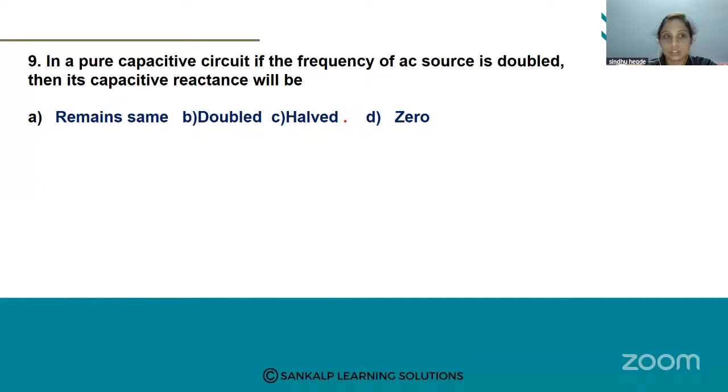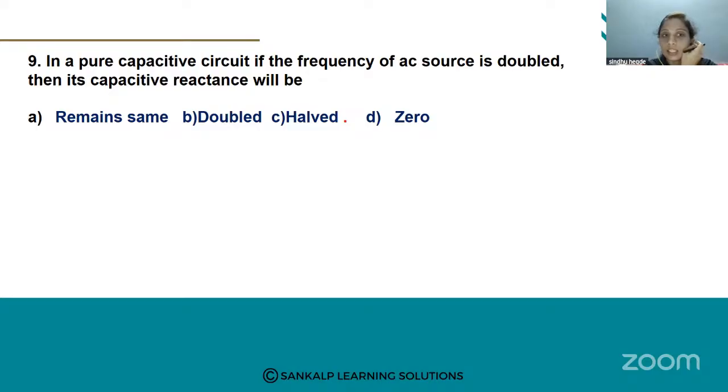Okay. Next. Pure capacitive circuit, if the frequency of AC source is doubled, then its capacitive reactance will be. Here we ask the question related to capacitance. Okay. See here, options: A remains the same, B doubled, C halved, D 0. Okay. See, in a pure capacitive circuit, the frequency of AC source is doubled.